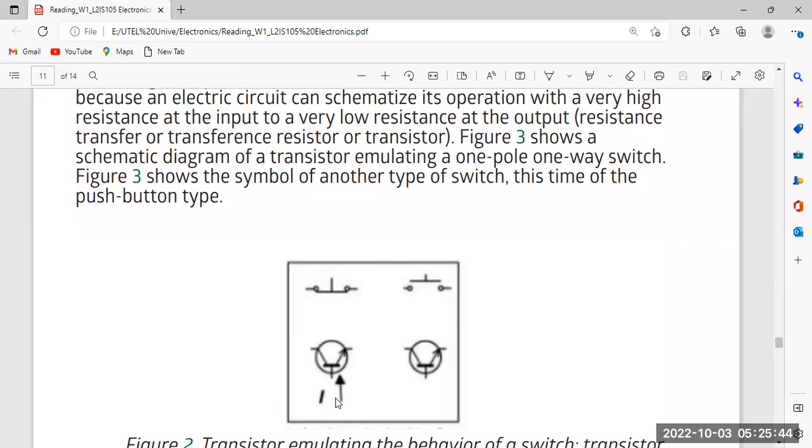Actually, this is a symbol diagram of a transistor. As this leg is open, it is an open switch and no current can flow. But if it is connected, then it becomes a closed switch and the electric current can flow. So the transistor is basically a semiconductor device, but it behaves as a switch in electronic circuits.